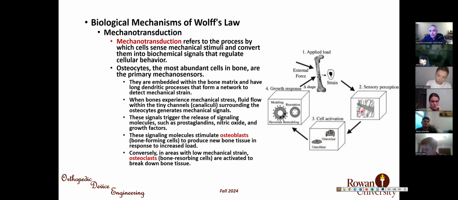So when the load is increased, bone mass increases. And when the bone mass increases, the strength increases. So the bone can tolerate more load. When the load is decreased, bone mass decreases. So the bone doesn't need to tolerate so much load.